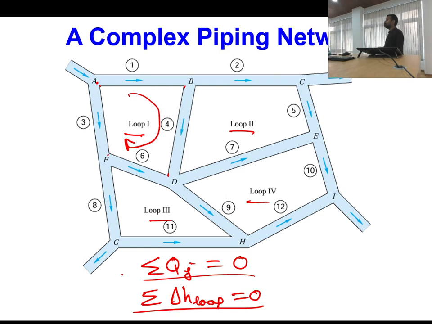These are the two fundamental equations which you need to apply in complex pipe networks, and by applying these two, if you further follow the Moody's diagram for calculation of friction factor, you can solve the entire pipe network problem. Is this point clear?